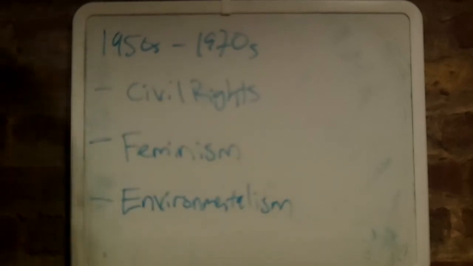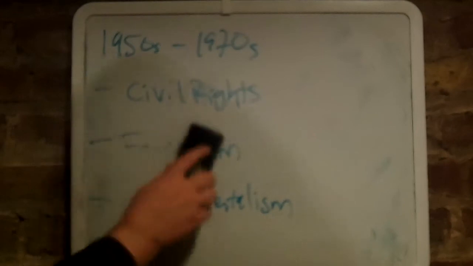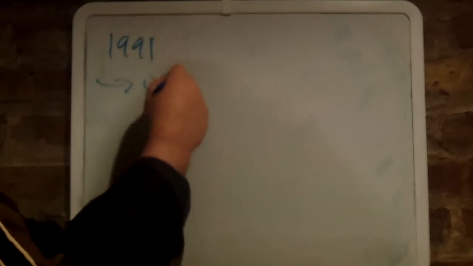Okay, so that takes us through the social movements there. The 70s and the 80s, it's just the Cold War drags on, more of the same. Not too much going on in those two decades. Communism, the USSR collapses in 1991. And about this time, communist China had been liberalizing prior to this.